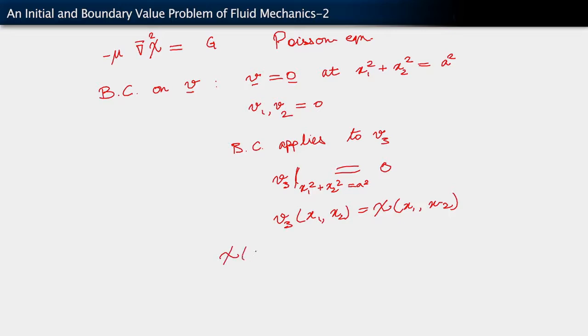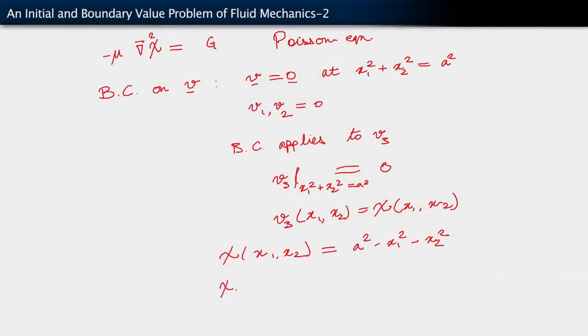Consider chi of x1 comma x2 equals a square minus x1 square minus x2 square. A very famous and living applied mathematician said that the best way to find the solution of a PDE is to know the solution. So we know the solution of this form, so we use it here. You see that this satisfies the boundary condition automatically.